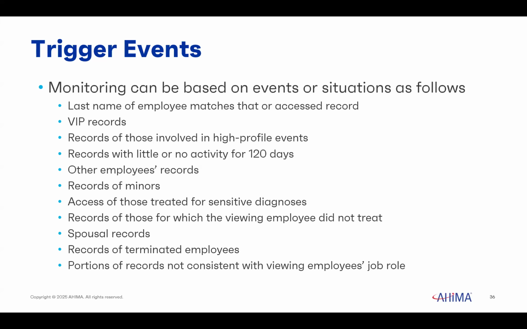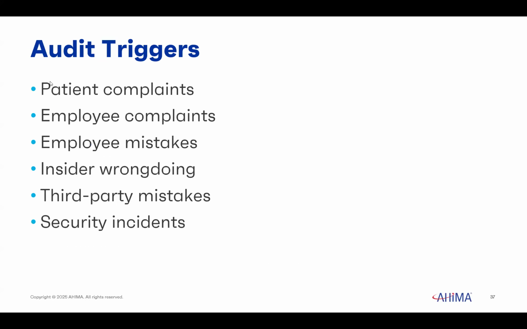Spousal records, all these things are potential audit trigger events. And again, employee complaints, employee terminations, patient complaints, employee mistakes, insider wrongdoing, security incidents, all of these can trigger audits.